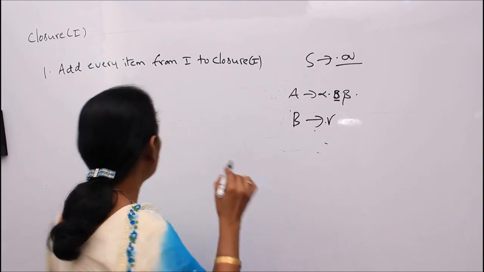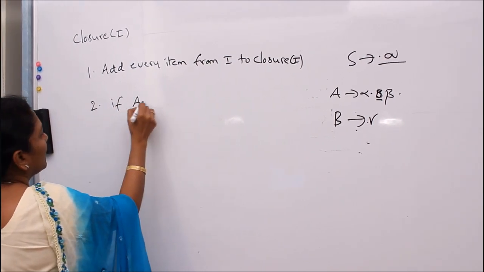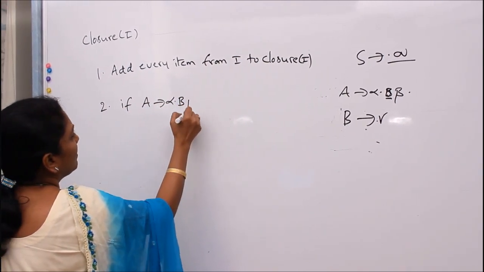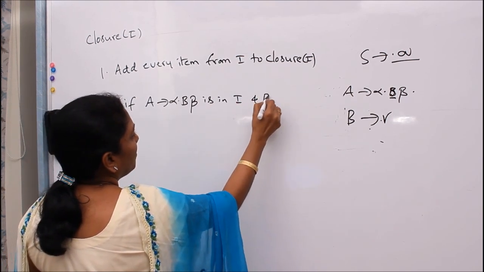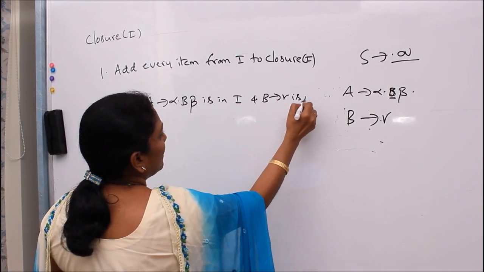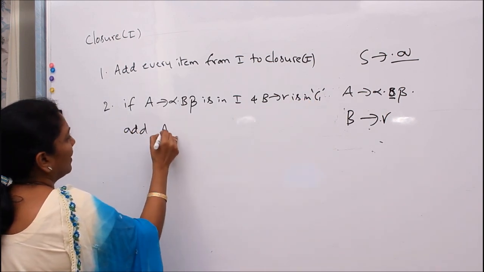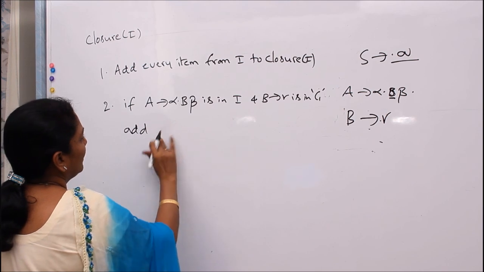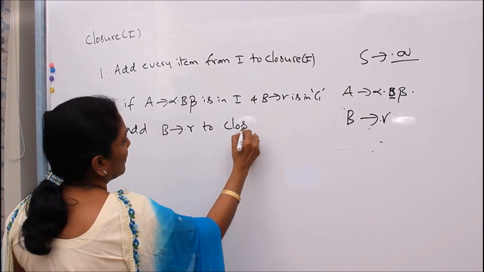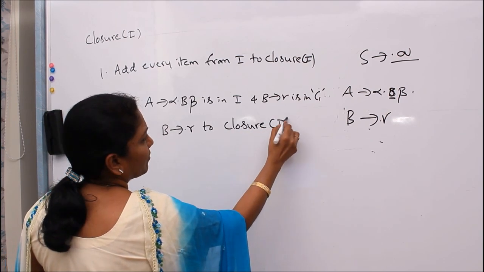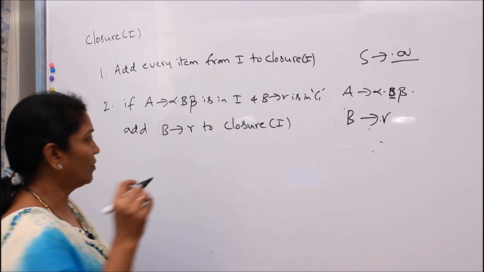Okay. So the second rule is what? If A → alpha dot B beta is in I and B → gamma is in given grammar, add B → dot gamma to closure I. And remember, the second rule is a recursive rule.